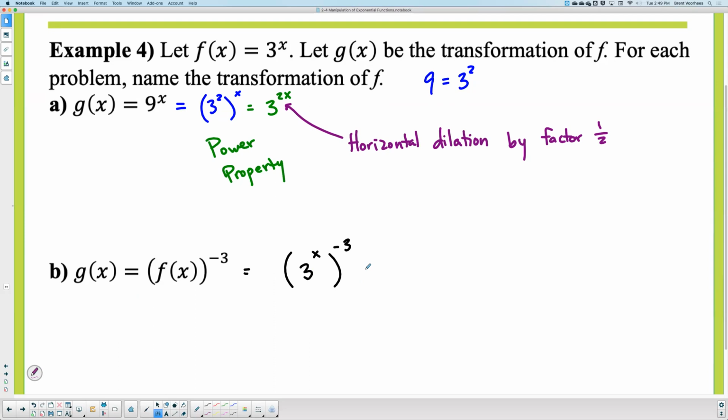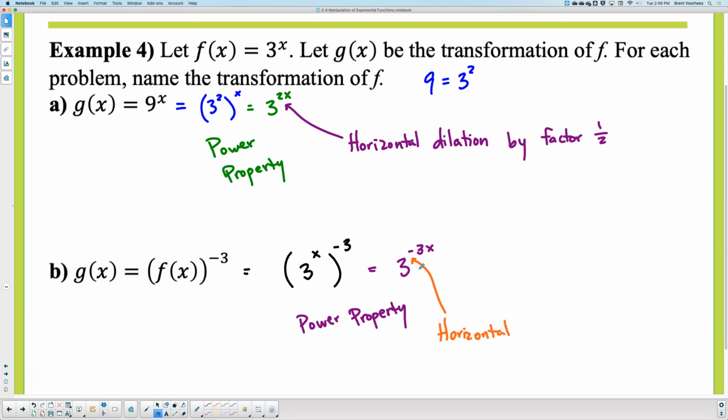What property could combine these? Power property. A power raised to a power. What do you do with the power raised to a power? Multiply. So this would be 3 to the power of -3x. Now believe it or not, there's actually 2 transformations there. The negative is a horizontal. Would this be a translation?